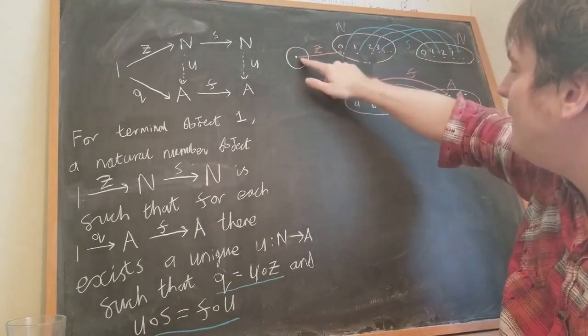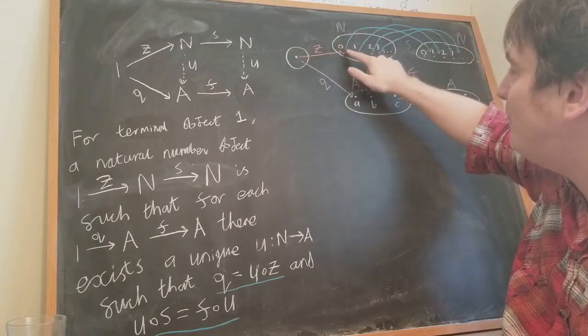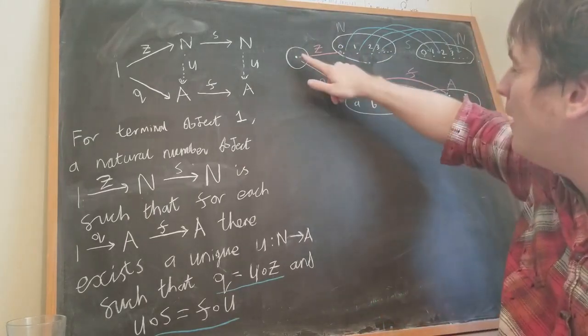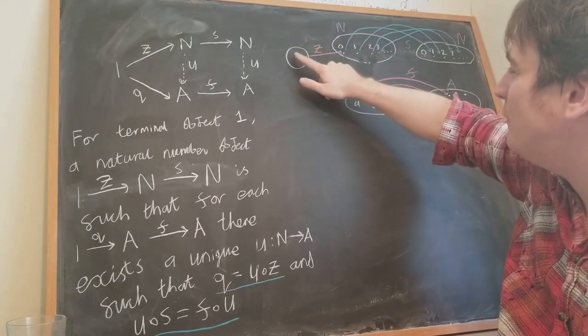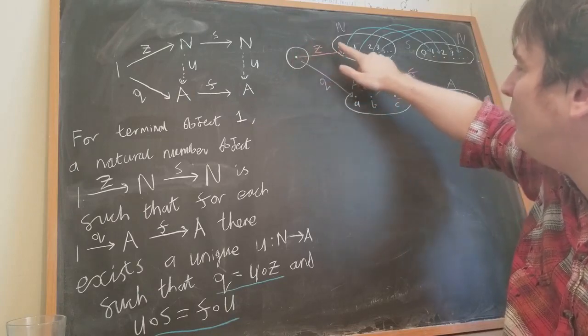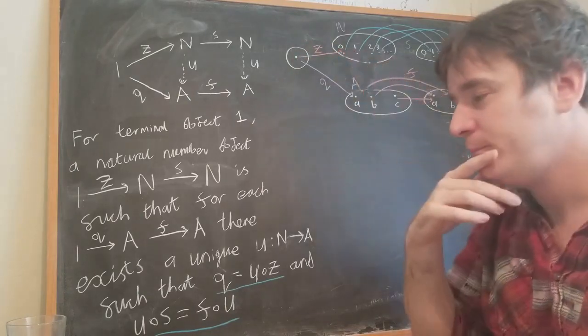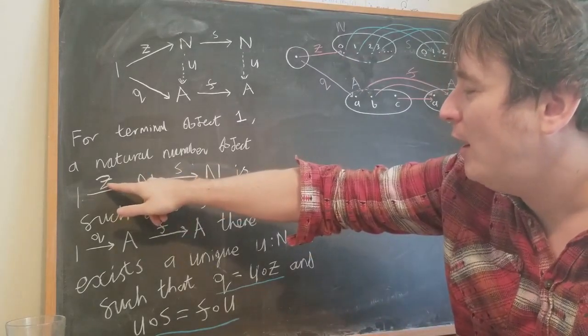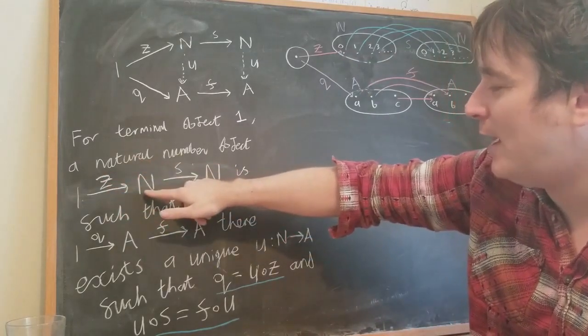And Z is essentially going to pick out the 0, Z for 0. It's going to be a function that sends the single element of our singleton set to 0. So that's what this means. This is the set of natural numbers.